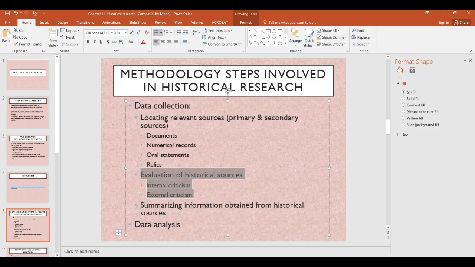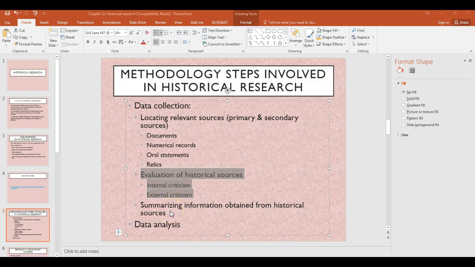You have to address that in your writing. When you say that it meets external criticism, it means that you're looking at the value added from the sources, and we're going to discuss it in more detail in the next slides.